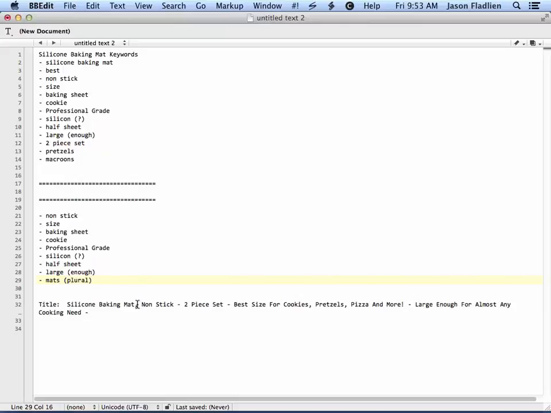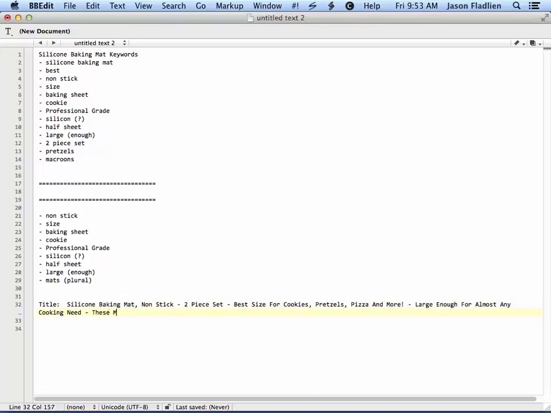But I did it this way because I know this is the primary keyword people are going to search for. That's why I stuck it in there first. And you say, Jason, how do you know that? It's just common sense, right? People don't say, I want a non-stick silicone baking mat for the most part. They say silicone baking mat. So that's why I put that first. Silicone baking mat, comma, non-stick, two-piece set, best size for cookies, pretzels, pizza, and more, large enough for almost any cooking need. Okay.